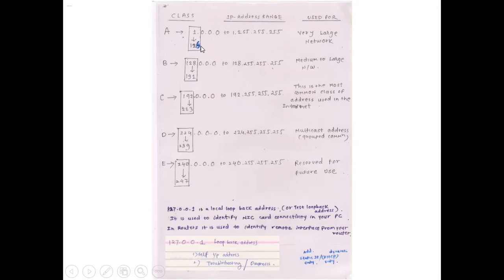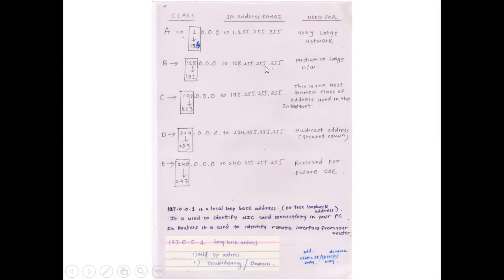Next, after 126, class B directly starts from 128: 128.0.0.0 to 128.255.255.255. The first octet changes from 128 to 191, that is, 128, 129, 130, up to 191.